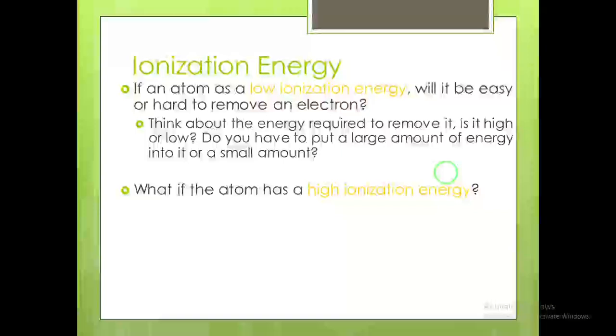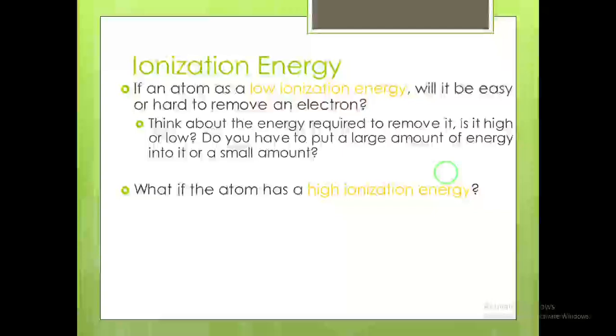It's the same with ionization energy. When the ionization energy is low, it easily releases its electrons. But once it's high, you need to supply more energy to the system for it to release an electron.